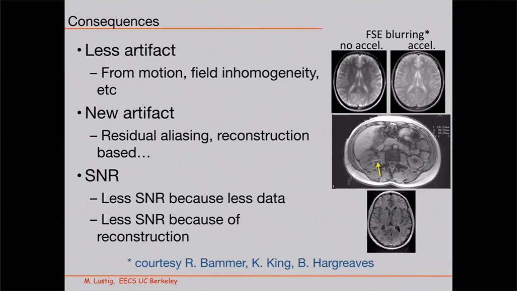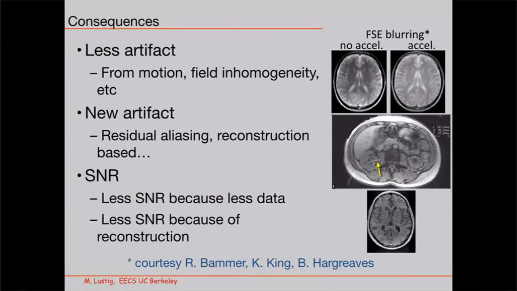Bad apple. All right, so SNR. Now, SNR is a huge consequence, actually. Turns out you could have less SNR because you collect less data, right? The other one is that you have to apply some reconstruction to be able to unfold those images.